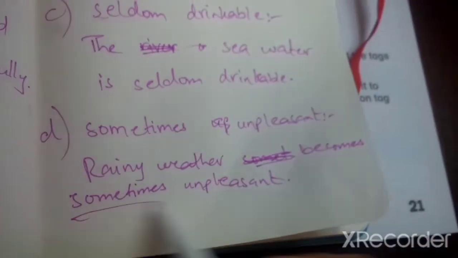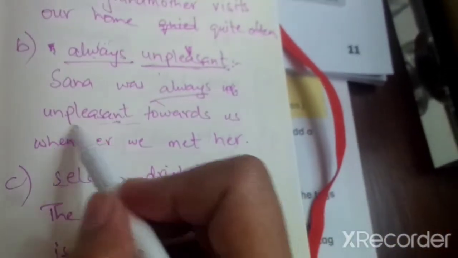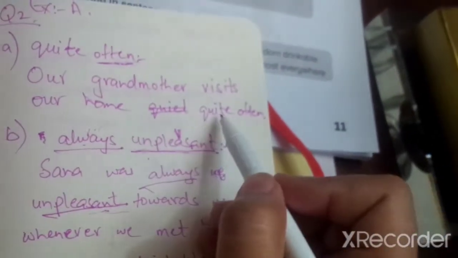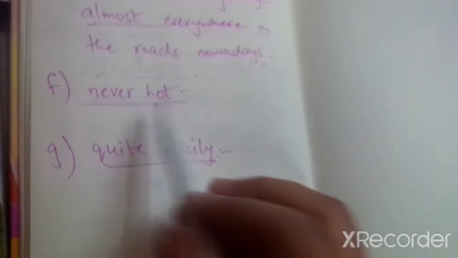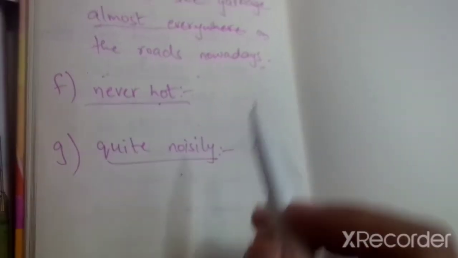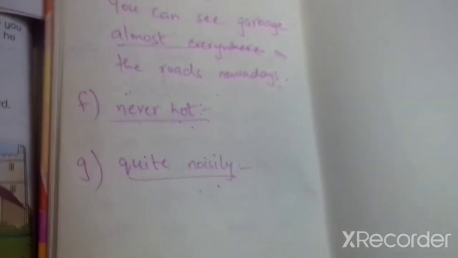Almost everywhere, sometimes unpleasant, seldom drinkable, always unpleasant, quite often. They're always together. So you're not supposed to break them apart. Now you will do F part and G part by yourself. You will make a sentence of never hot and quite noisily.